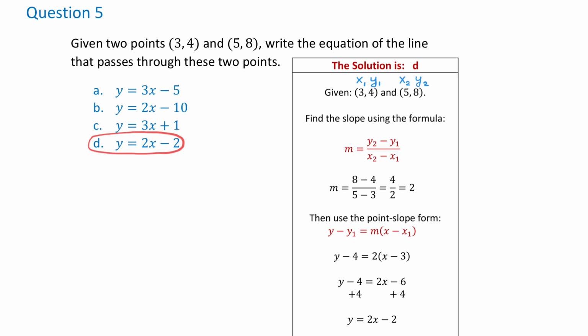Now to write the equation of the line, we will use the point slope form y minus y1 equals m times (x minus x1). In this form, we will replace m with 2 and x1 and y1 with 3 and 4. Then if we solve this equation for y, we get that y equals 2x minus 2.